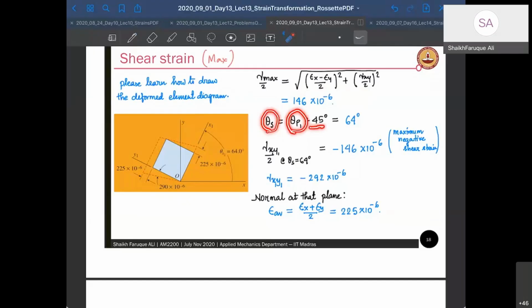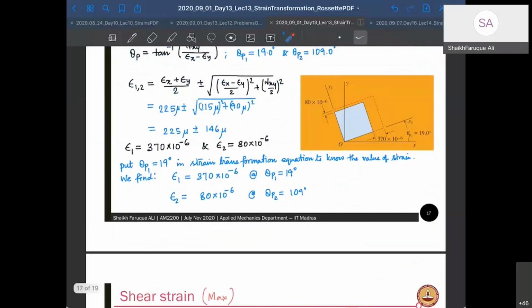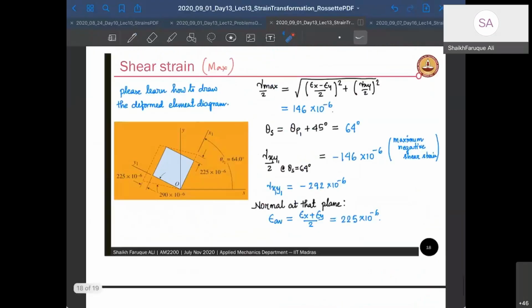You remember from your shear stresses, and that's going to be 19 plus 45, which is 64. Gamma xy at 64 degrees comes as minus 146. Minus means it's making more angle than 90 degrees, so it's not squeezing in, it is outside.